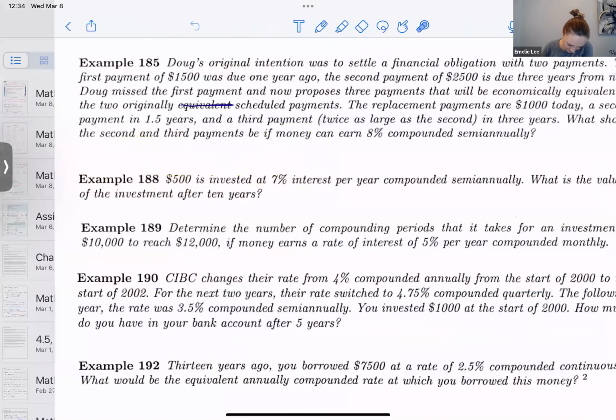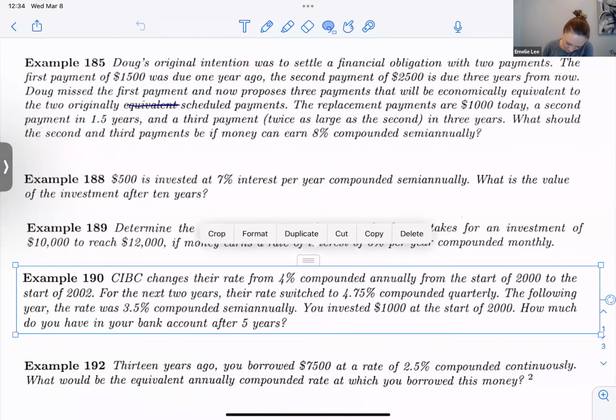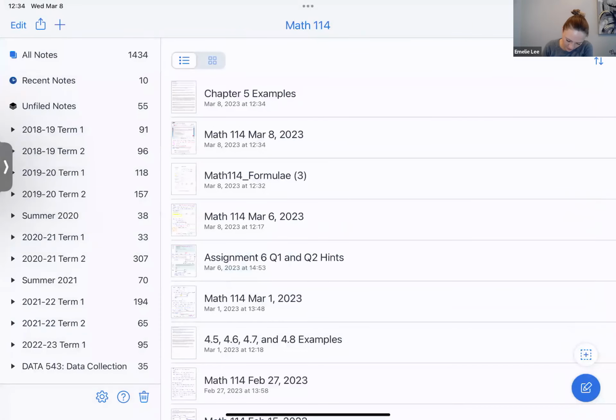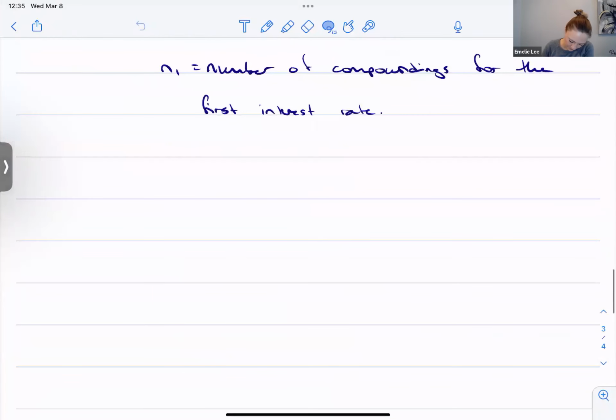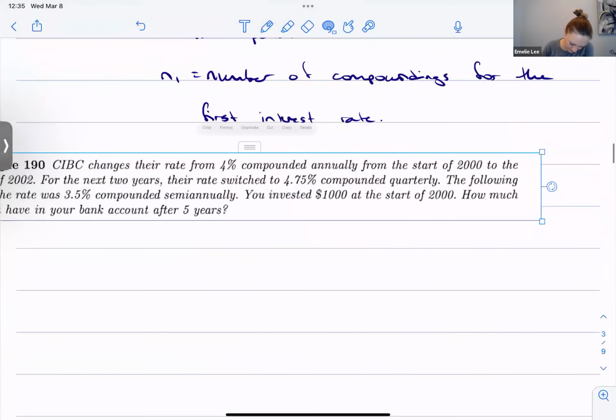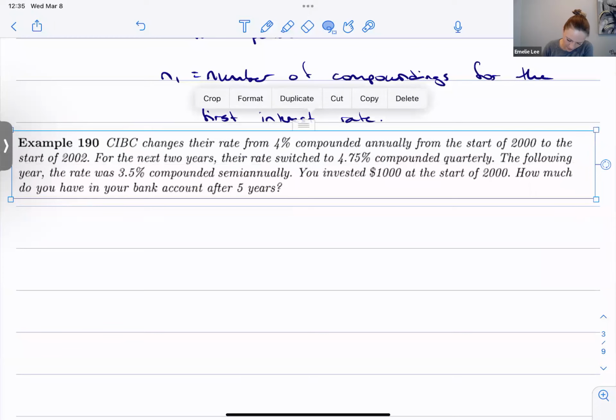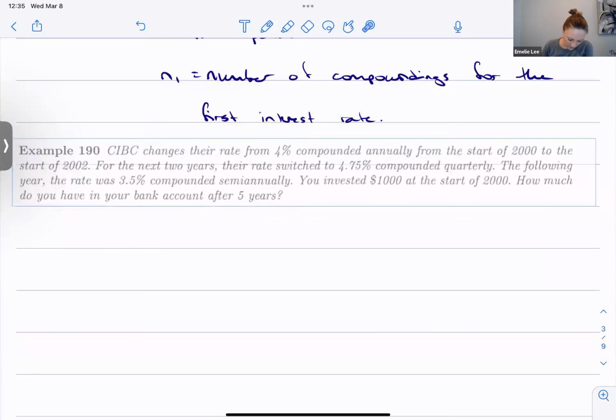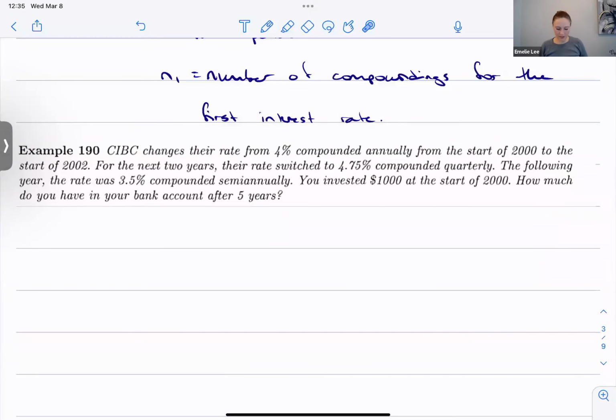Let's do example 190. CIBC changes their rate from 4% compounded annually from the start of 2000 to the start of 2002.